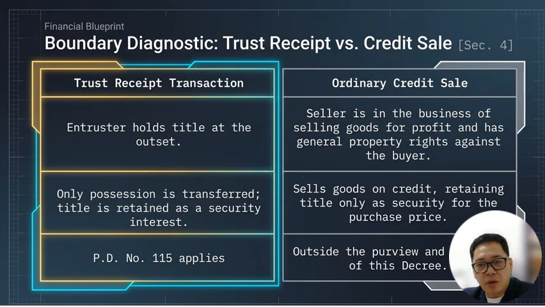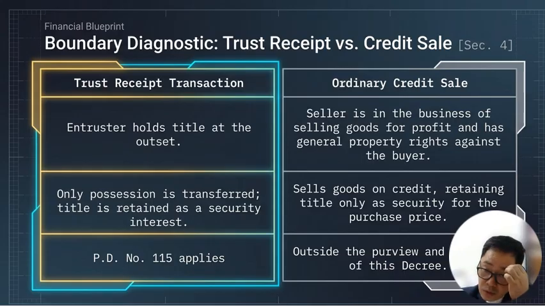The seller's nature. The transaction is conducted by a person who is in the business of selling goods, documents, or instruments for profit. At the very outset of the transaction, the seller already has general property rights in the goods as against the buyer. The seller is simply selling the items to the buyer on credit and is only retaining the title or other interest as security for the payment of the purchase price.